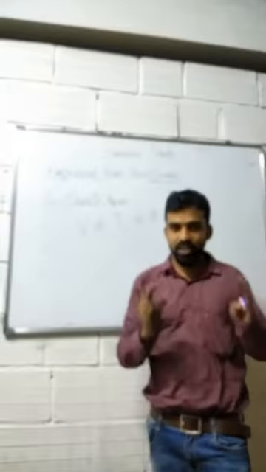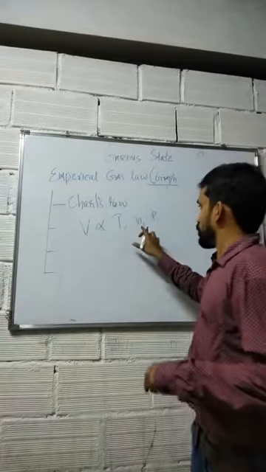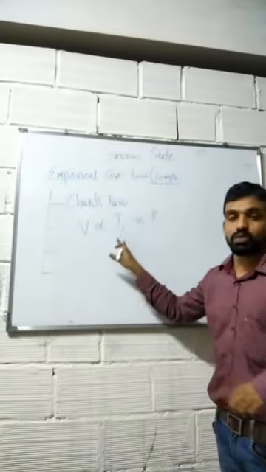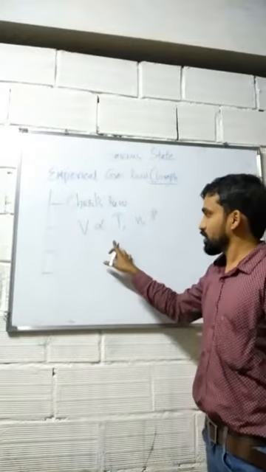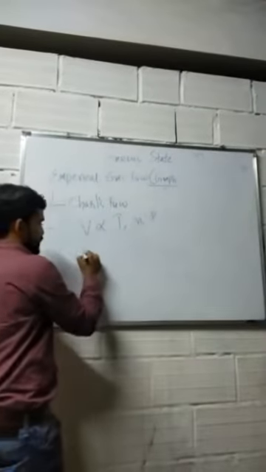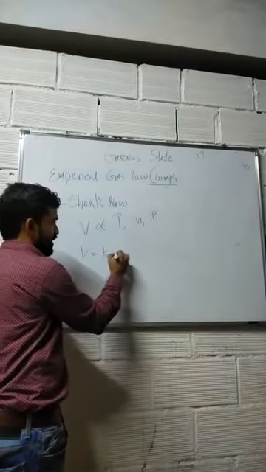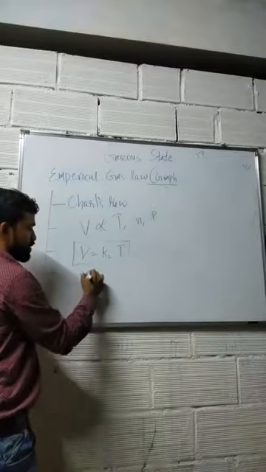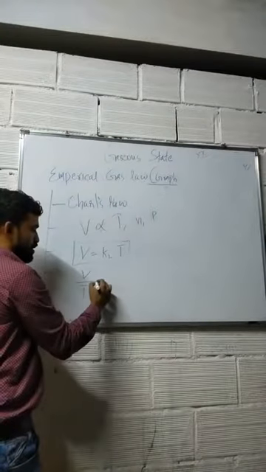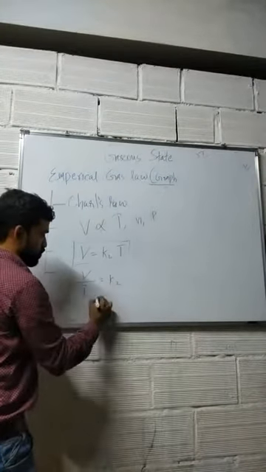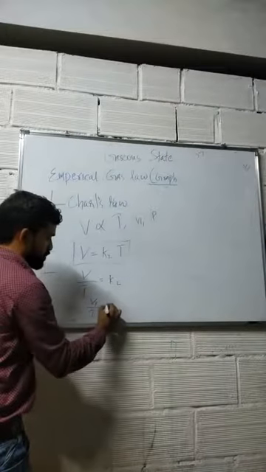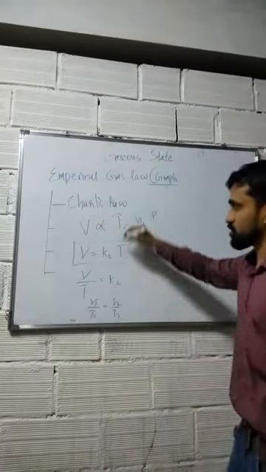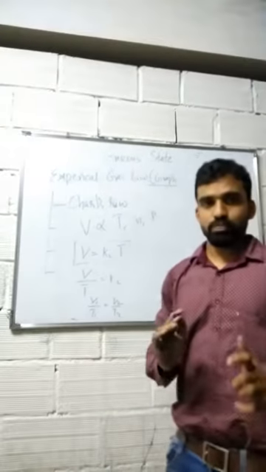It states that at a fixed amount and constant pressure, volume of the gas is directly proportional to temperature. Or you can say V is equal to K2 into T. Okay, this can also be represented as V1 by T1 is equal to V2 by T2. These are different mathematical representations of Charles' law.